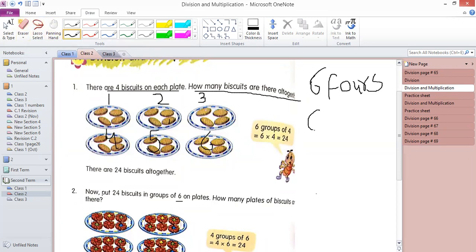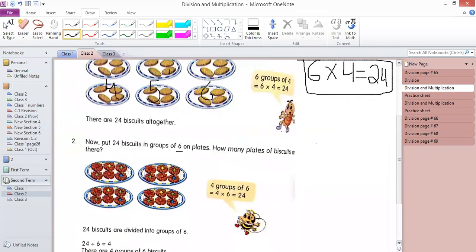So in order to find the total number of biscuits, you will simply multiply. 6 by 4 equals 24. So there are 24 biscuits altogether.